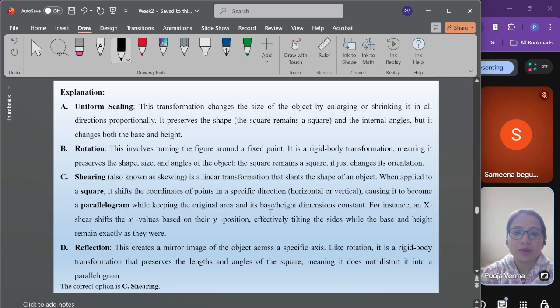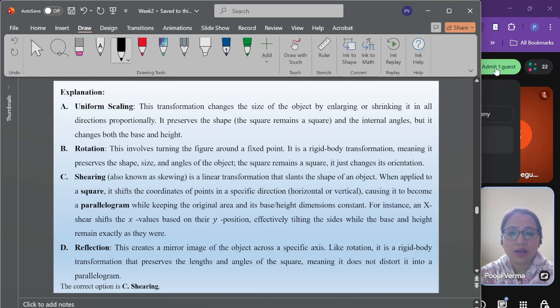So it becomes a parallelogram while keeping the original area and its base and height dimensions constant. So for instance, if we shift the x value based on the y position, it effectively tilts the sides while the base and height remain exactly the same.